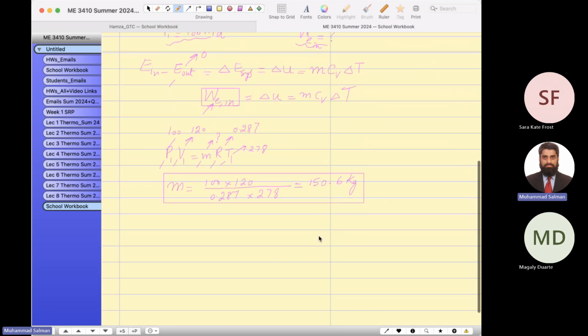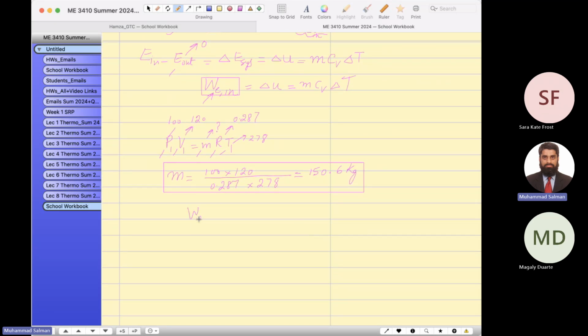It's 11 minutes. If you know W electric in, which is M Cv delta T, can you find the power of that same energy? Yes, you can. Look over here: M Cv delta T divided by the time duration, small delta t, and M is 150.6.